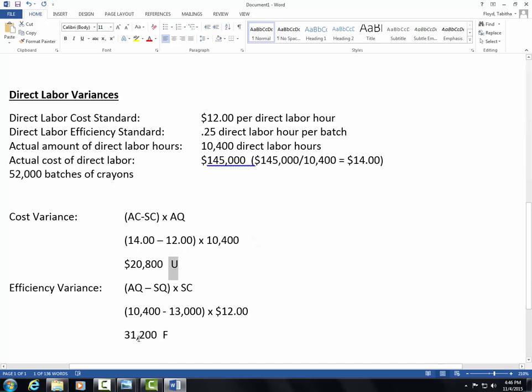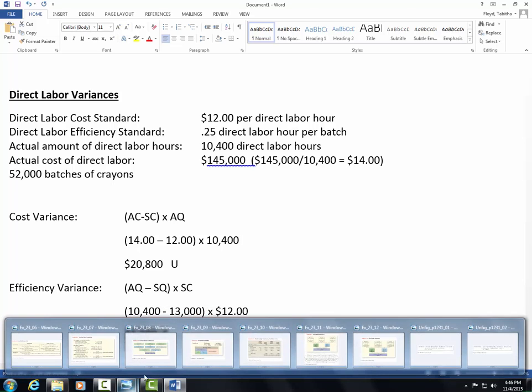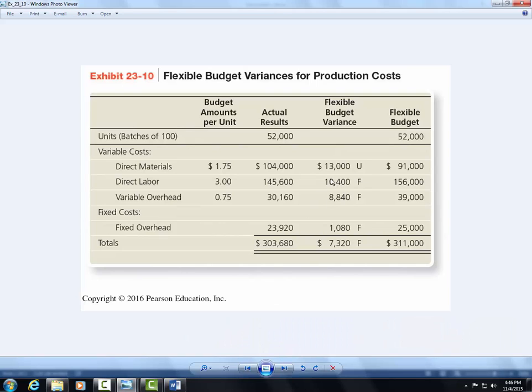So 31,200 minus 20,800 would give you 10,400, and you're going to take this F because this amount is the larger of the two. So it's 10,400 favorable, and that explains this right here, direct labor.